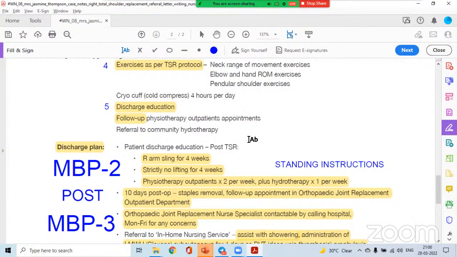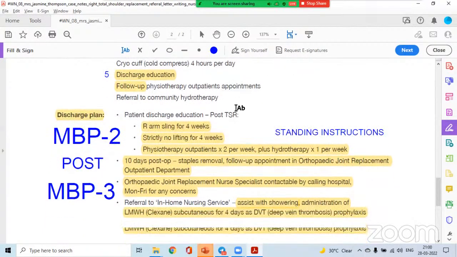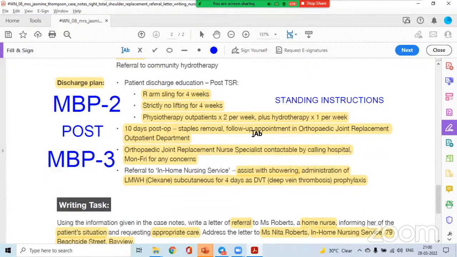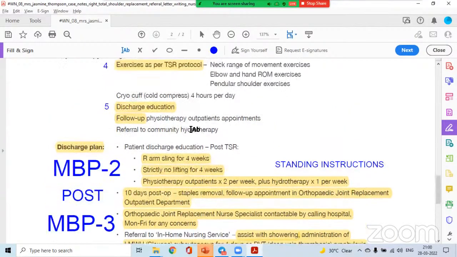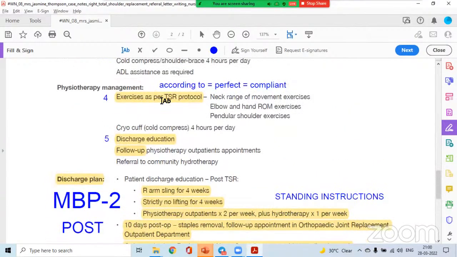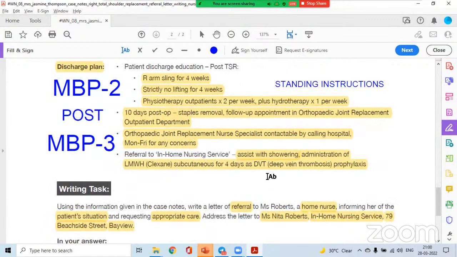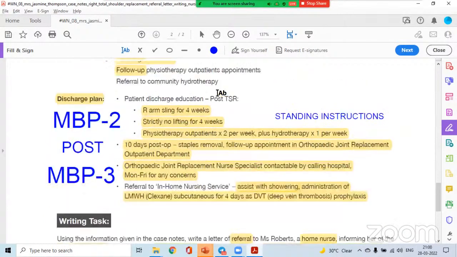Now here, I'll give you one or two sentences before I close. Let us take: strictly no lifting for 4 weeks.